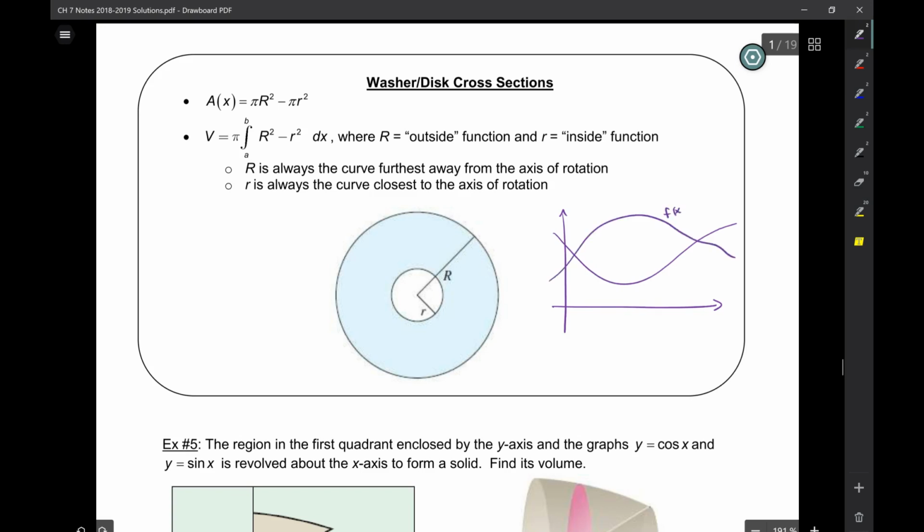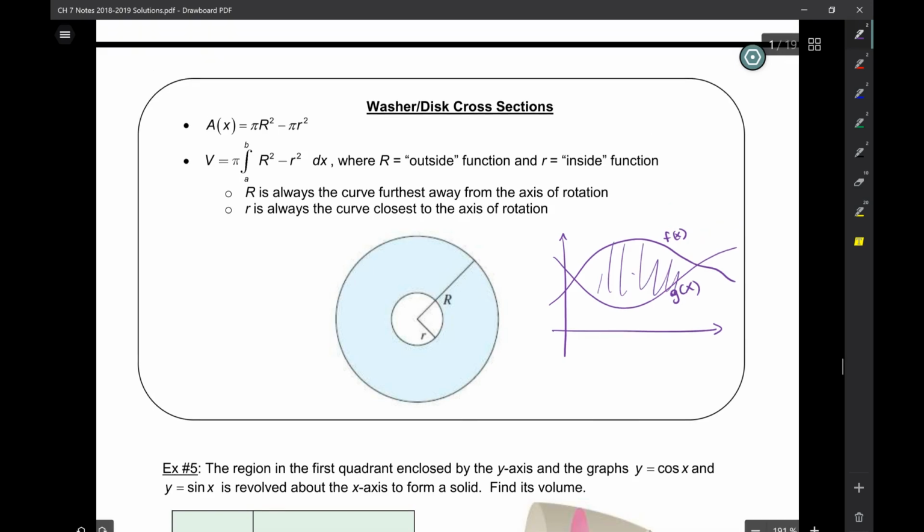We'll call this f of x, and we'll call this g of x. It's this area that you are now going to revolve around the axis. That shaded area comes out here and then goes back in, but the empty space leaves an opening like this one here.